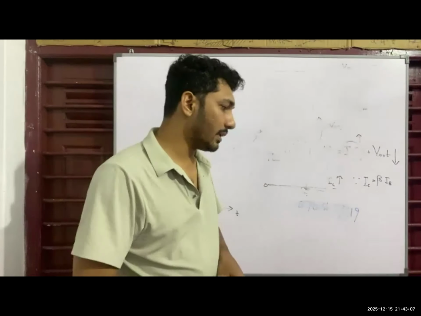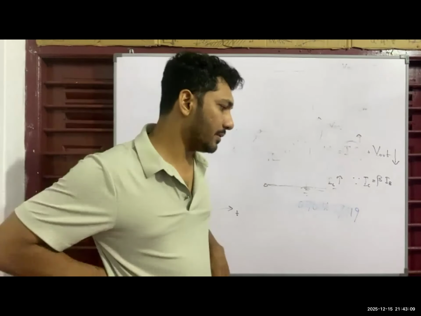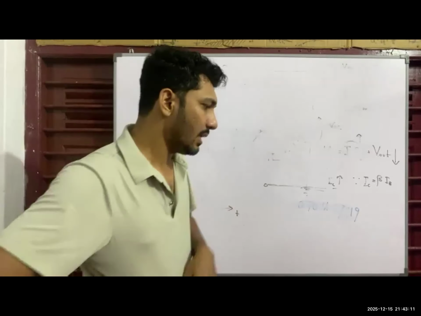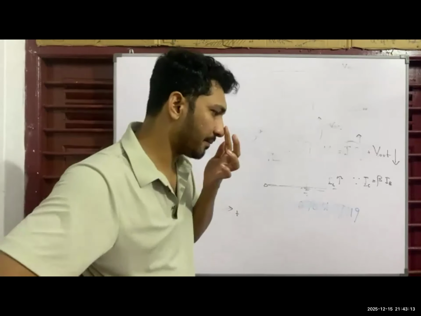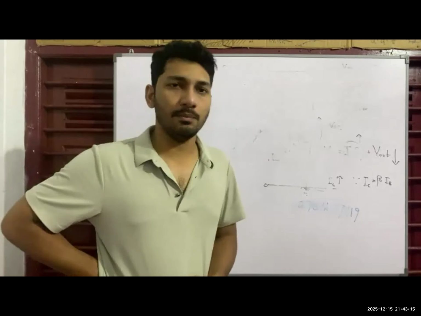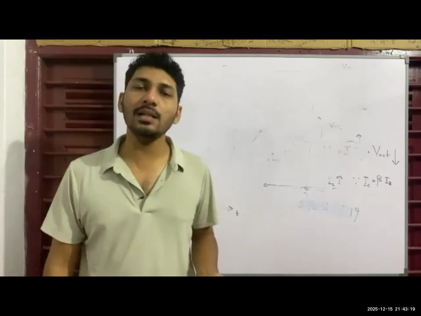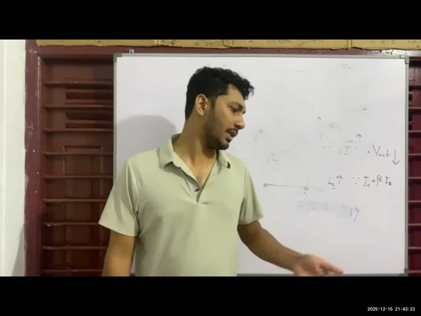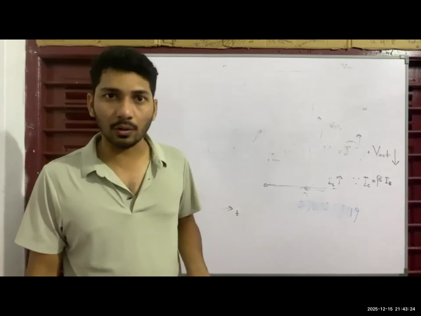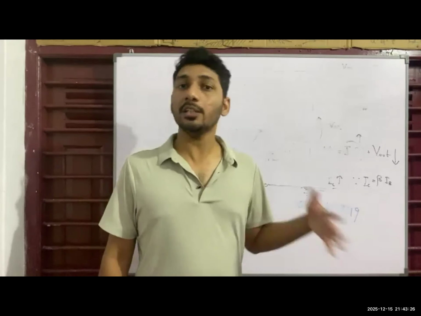34. Figure shows a velocity diagram for an object moving along a straight line. What is the average velocity? The equation for average velocity is the total displacement divided by time. So you have to calculate the total area under the graph and then divide it by the total time.